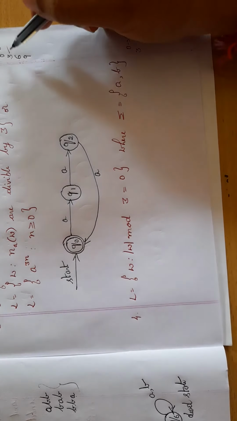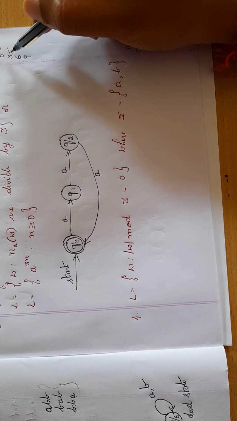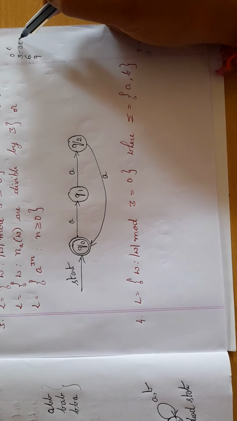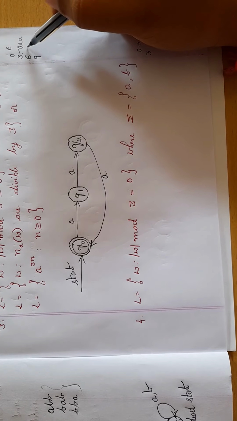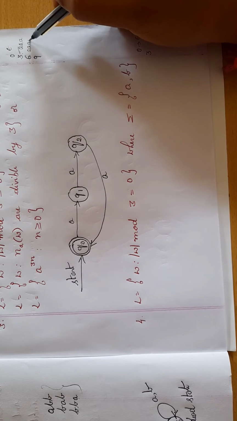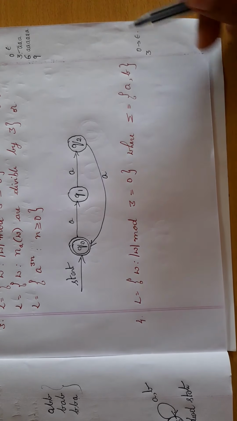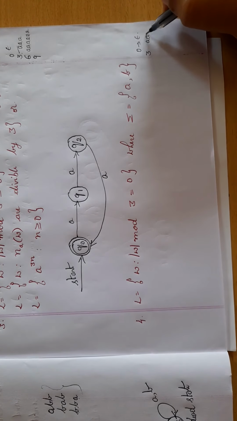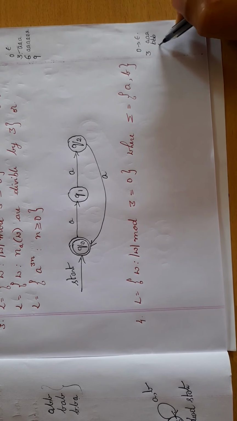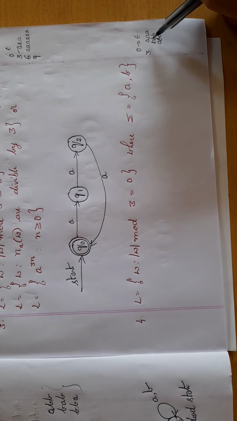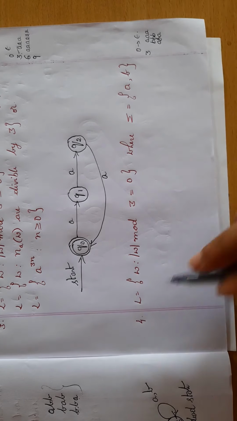When I considered the earlier one, it was only A, so my combination was AAA, and for the next, 6 A's: 1, 2, 3, 4, 5, 6. But since here I have A, B, it is a combination. So I can have A, or B, or AB, and so on. They have not specified how many A's and how many B's. The length should be a multiple of 3. That's it. So what shall we do?